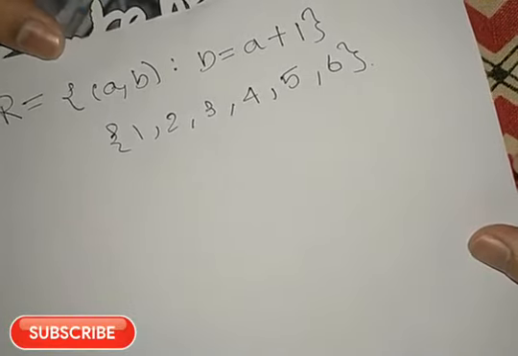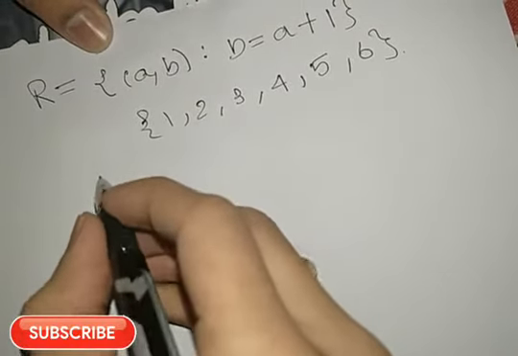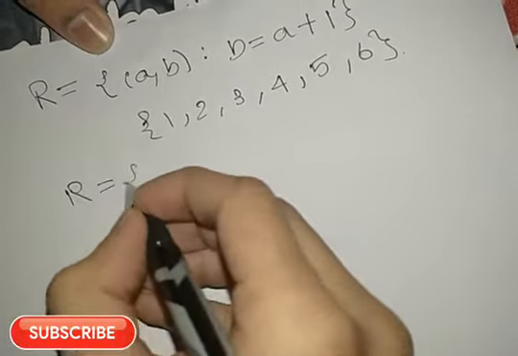This is the set which is given to us. Now you can see that if you find the set R, it will be what?